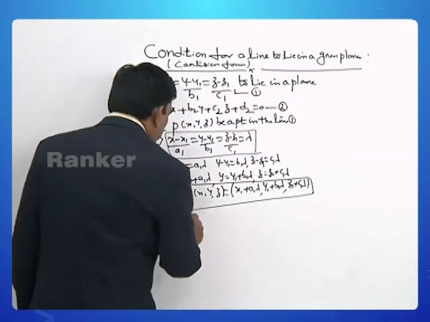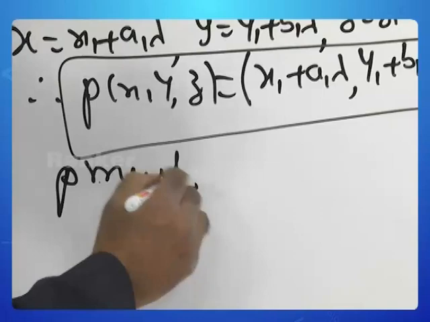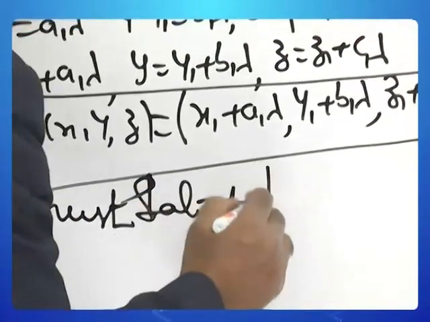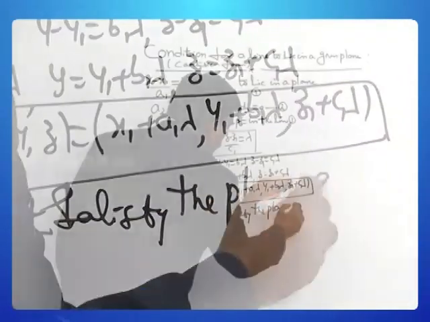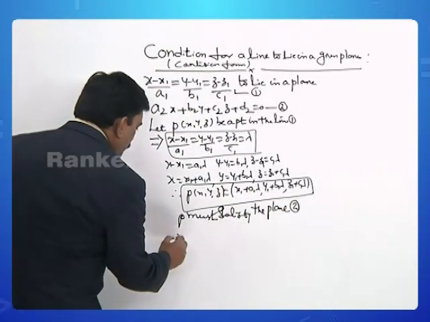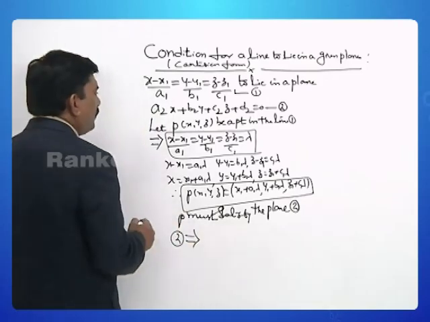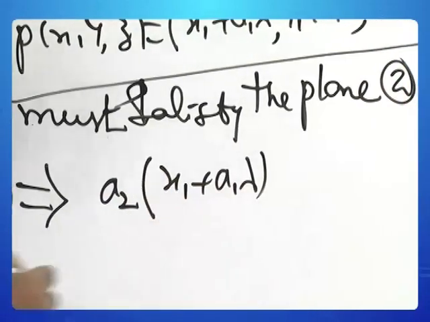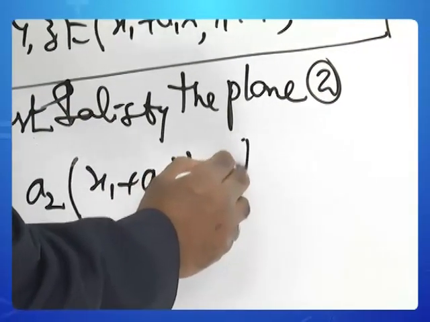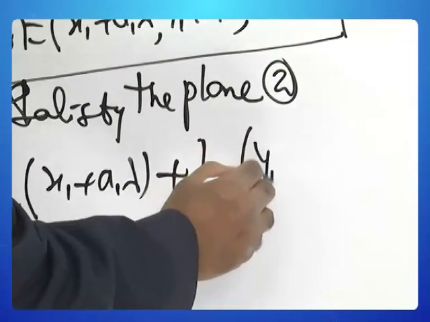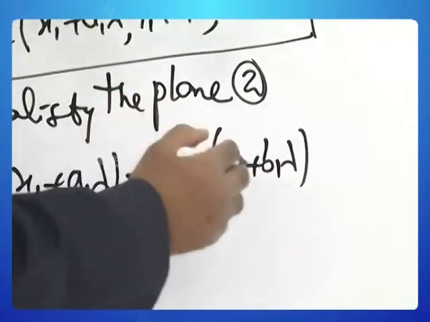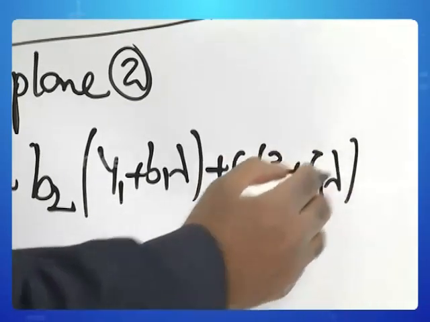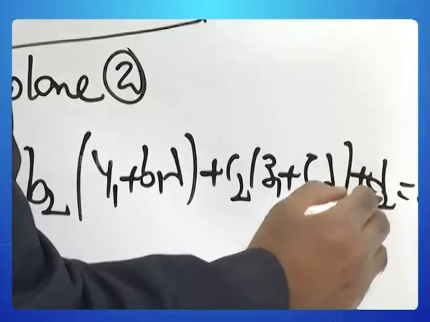So P must satisfy plane 2. Therefore, a2 into (x1 plus a1 lambda), plus b2 into (y1 plus b1 lambda), plus c2 into (z1 plus c1 lambda), plus d2 is equal to 0.